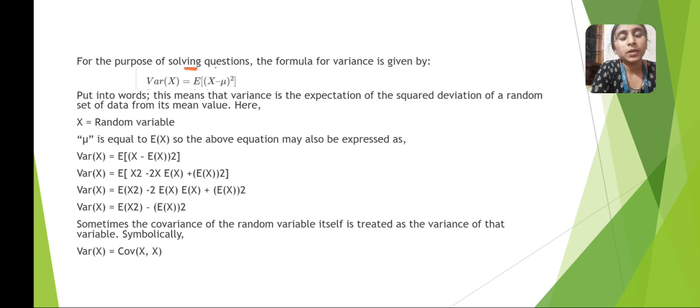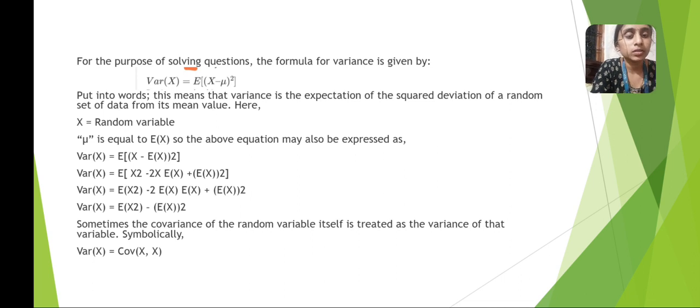Here the (a minus b) whole square formula is used: a square minus 2ab plus b square. So the variance is E of X square minus (E of X) whole square.